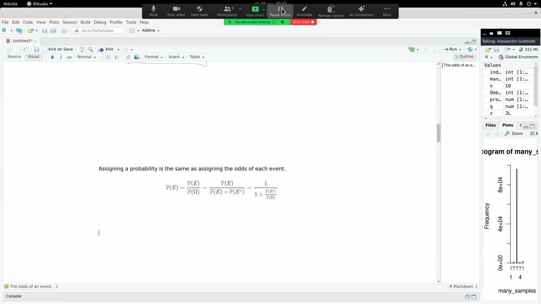Okay, did you spot the error? I could say I did it on purpose, but it is not true. So B is another event. It's a subset of E.